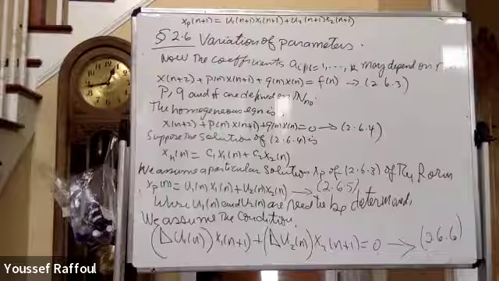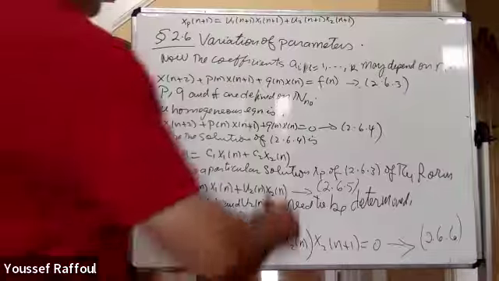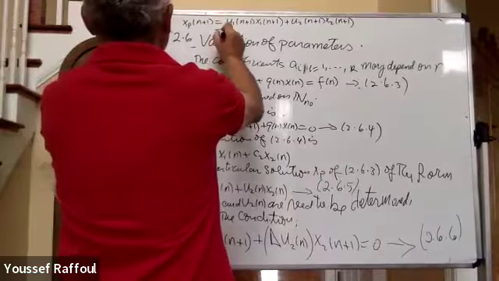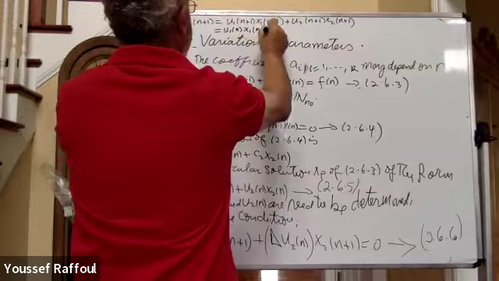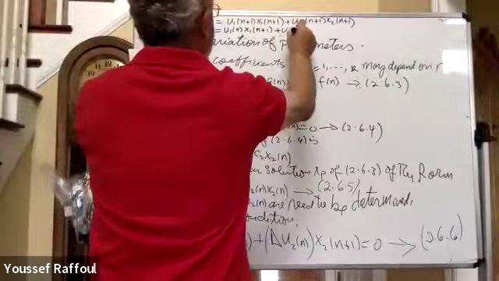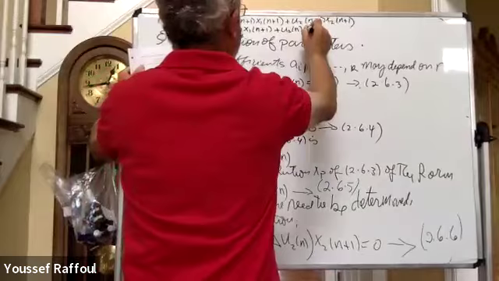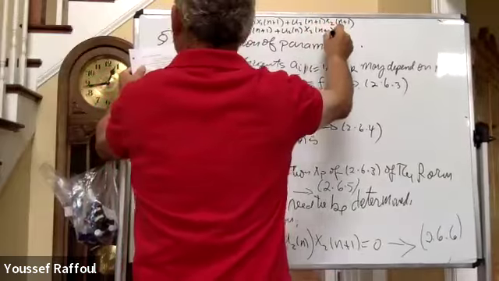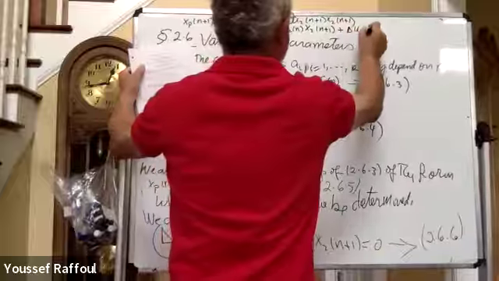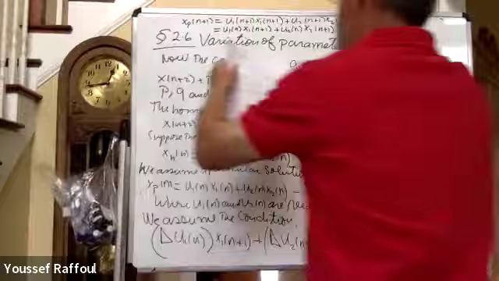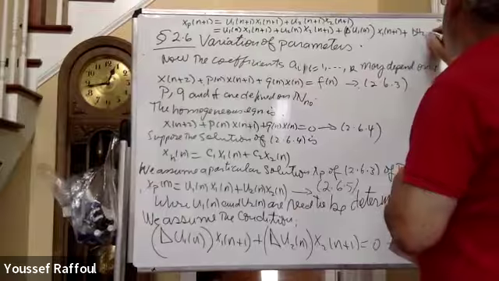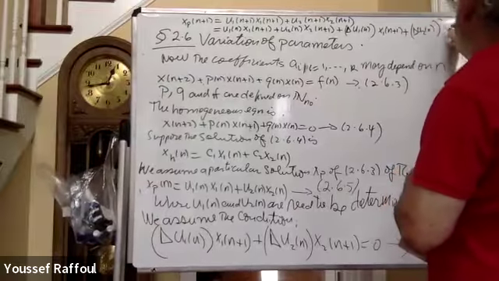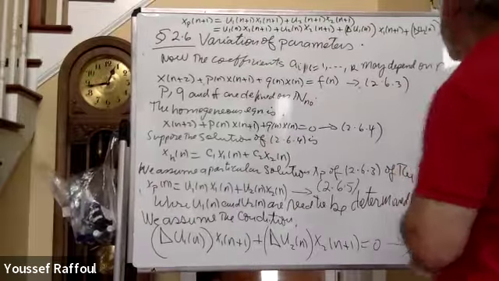Okay. And I am going to rewrite this as u1 of n, x1 of n plus 1, plus u2 of n, x2 of n plus 1, plus delta u1 of n, x1 of n plus 1, plus delta u2 of n, x2 of n plus 1.